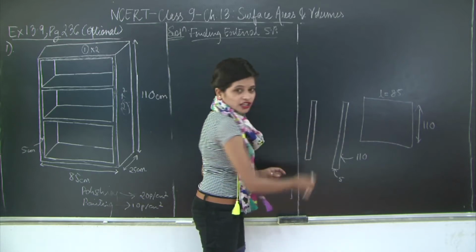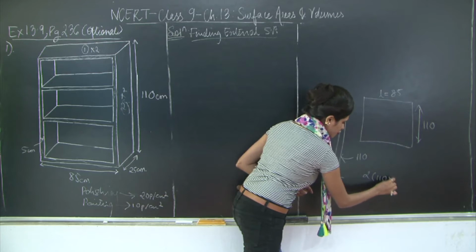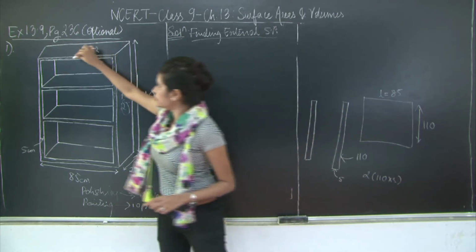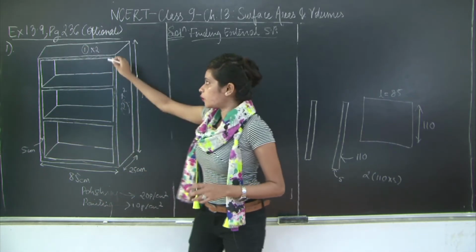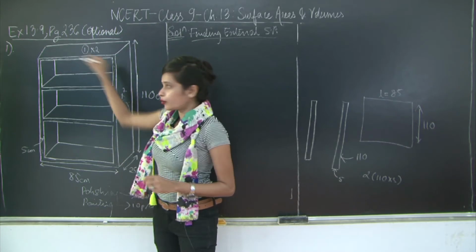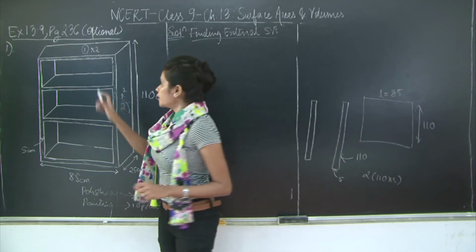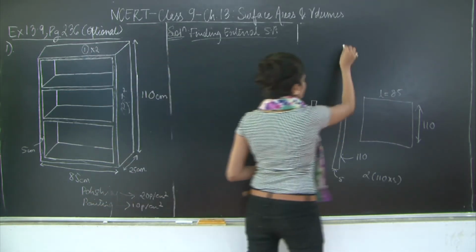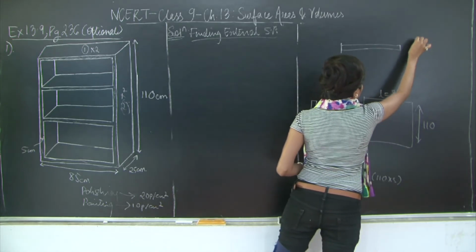Now we have two such pillars. So this would be 2 into 110 into 5, because we have two pillars. And then we are left with these 4 rows, 1, 2, 3 and 4. So what is going to be the area of these 4 rows that you see? The rows as in these sections. See, this entire length is 85. We have 4 of these, so it will be into 4.